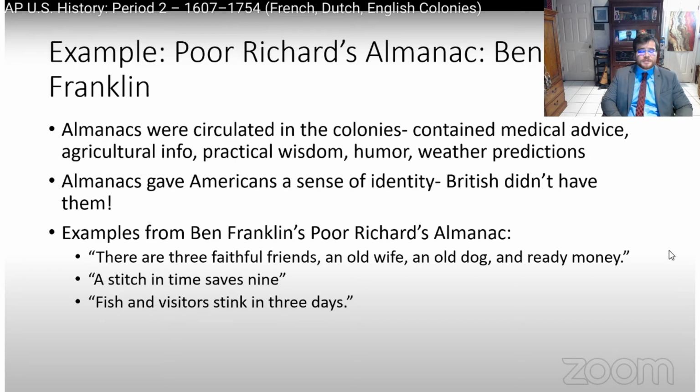Like George Washington, poor original OG George. He had a sore throat, and they bloodlet him until he bled to death. The medicine advice was not very good, guys. Agricultural info probably not good either. They kept depleting the soil of nutrients. So it was just, I don't know, it was just a funny book. Maybe the jokes were the only things that were good.